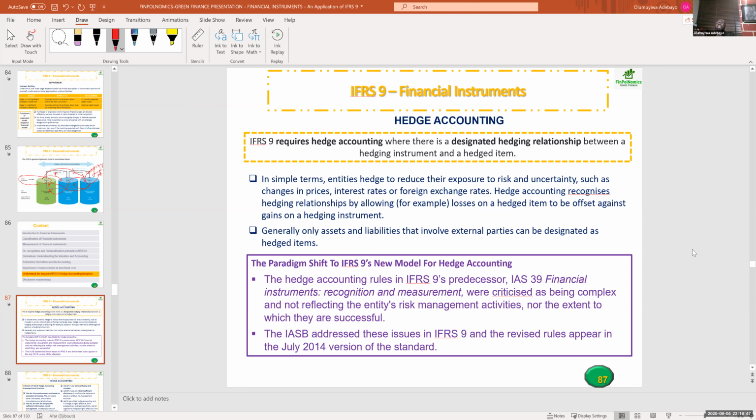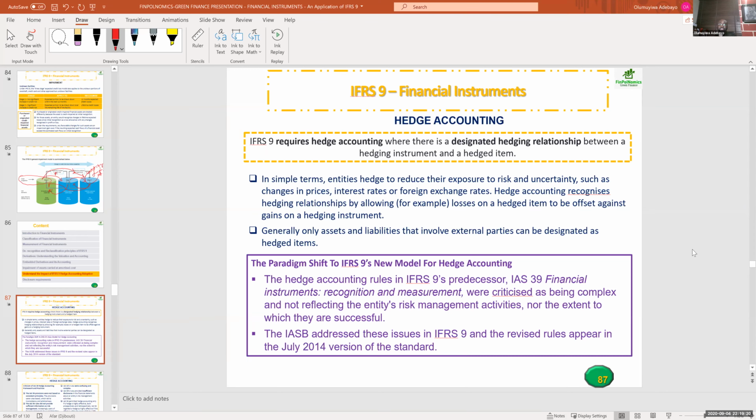Now, to do that, we usually make use of derivatives to carry out hedging. If you remember our discussion about derivatives, we said derivatives are used for risk management purposes in order to hedge your risk, even though today, much of derivatives are speculative in nature.